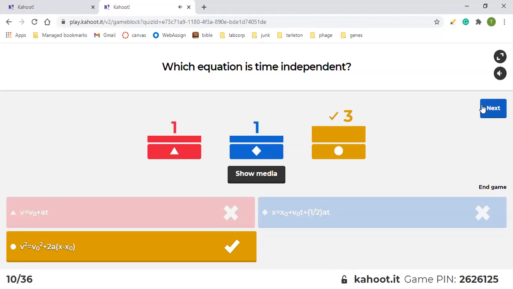Your kinematic equation that is time independent means it does not rely on time. So your final velocity squared is equal to your initial velocity squared plus 2 times acceleration times the change in x or y, whichever equation you're using.